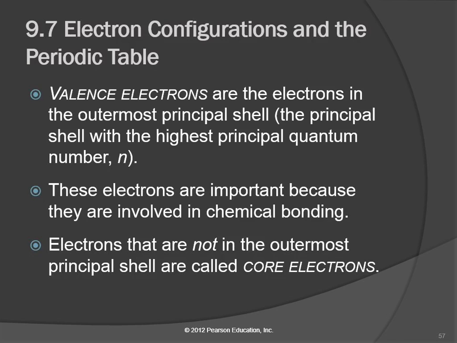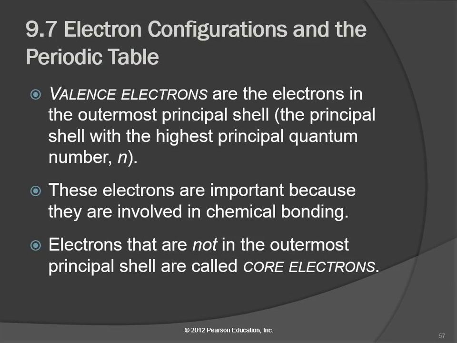Which electrons are going to interact? It's the ones on the outside, the ones farthest from the nucleus. Those are going to interact with electrons from another atom. That's where the hotel thing doesn't work so great, because you don't have 2 hotels doing something. The electrons that are not in that are called core electrons because they're more in the middle.